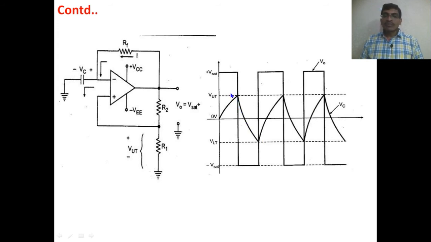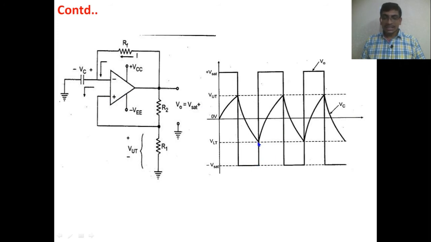And now when the capacitor reaches the VLT level, the lower threshold level, what happens? If the charged voltage is less than the lower threshold voltage, at that time the voltage at the non-inverting terminal will be greater than the inverting terminal, and the output will be switched from minus V saturation to plus V saturation.